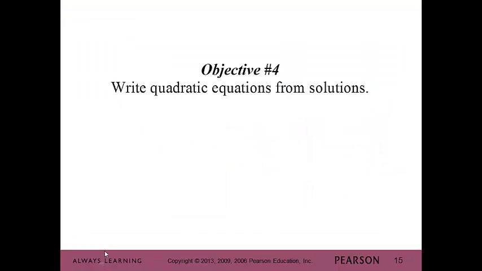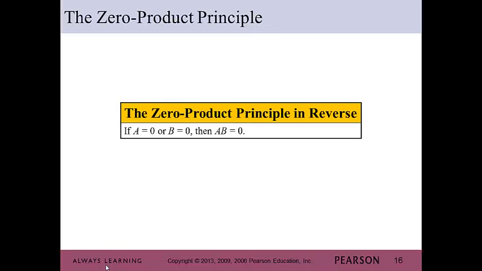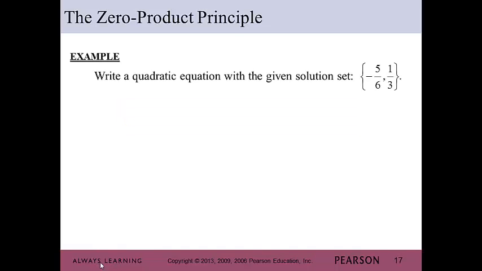Alright, objective 4. It says write quadratic equations from solutions. So this is the zero product principle in reverse. So if you know a equals 0 or b equals 0, then the product AB has to equal 0. So it says write a quadratic equation with the given solution set. So step 1, you're going to set x equal to each solution.